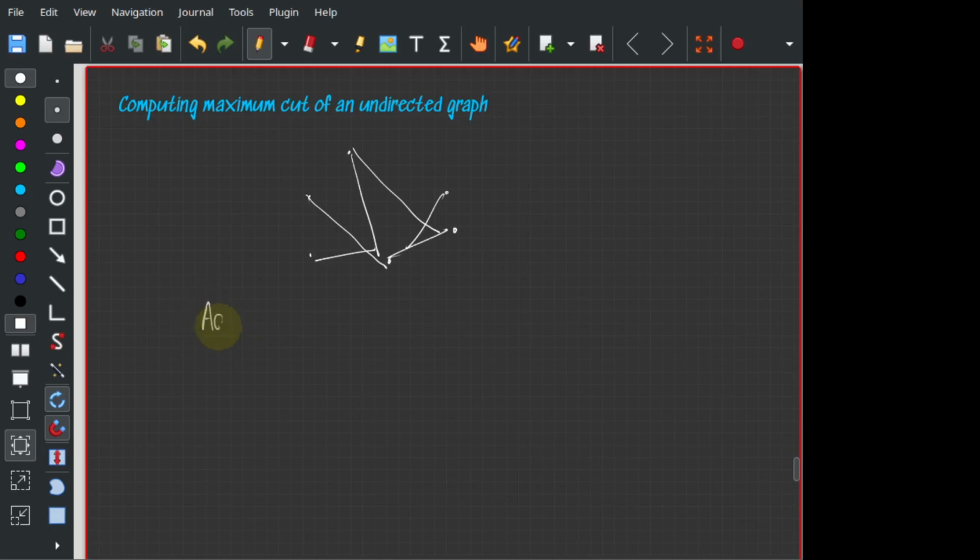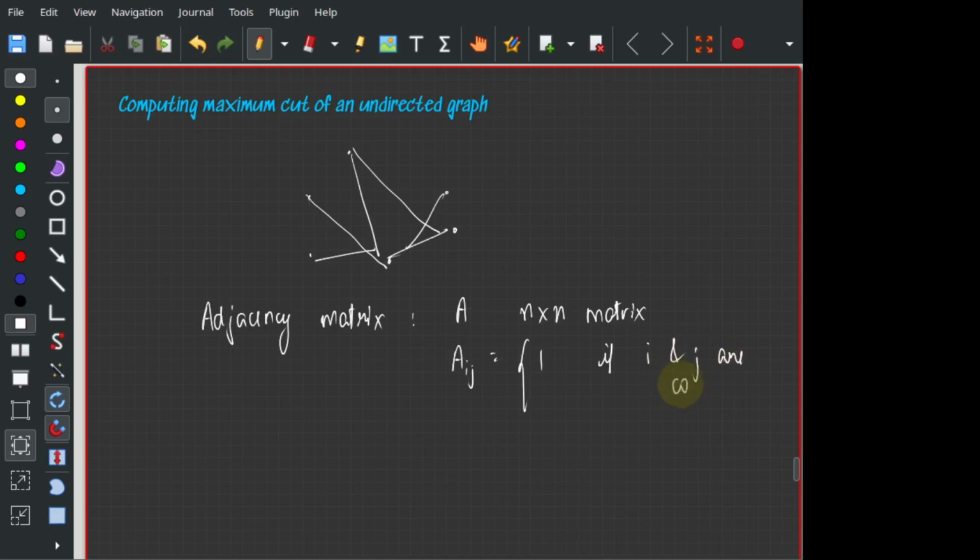So if I have a graph on n vertices, then the adjacency matrix, let's call it A, is an n by n matrix where the i, jth entry is equal to 1 if the vertex i is connected to vertex j, and it's equal to 0 otherwise.